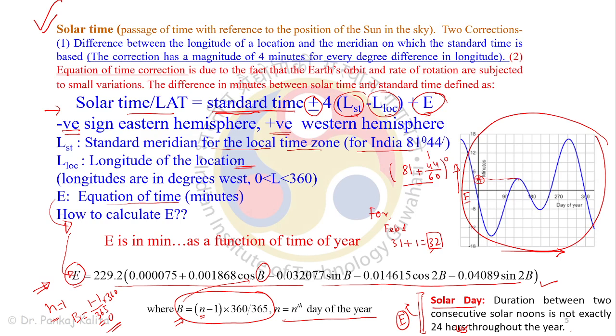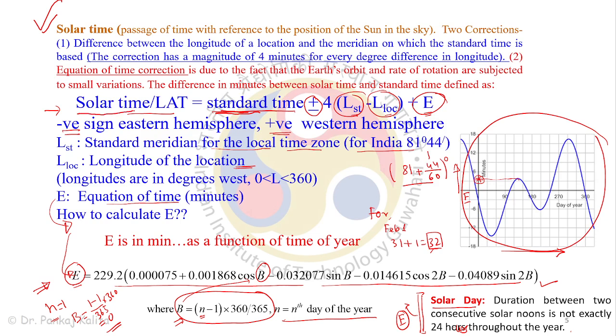For India we have IST, Indian Standard Time, that is defined for the meridian passing at Allahabad, Prayagraj. So that has defined the whole time zone, because in the whole of India we run on the same time. It's not like we have different time in UP and different time in Maharashtra. So that is the standard time.